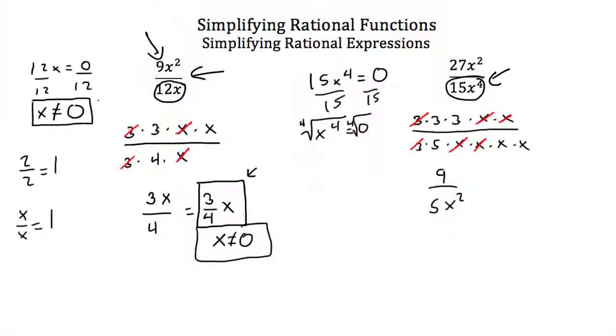The 4th root of 0 is 0, so x is equal to 0. But that's my excluded value, so x cannot equal 0. So my simplified rational expression then is 9 over 5x squared, but I also have to note that x cannot equal 0.